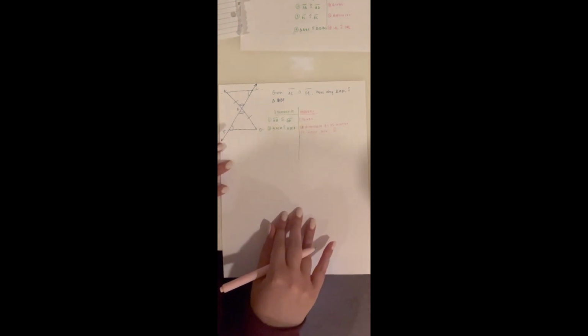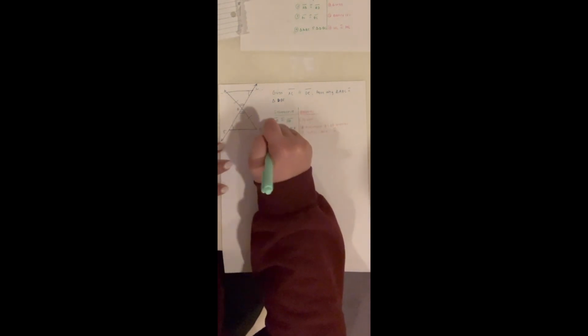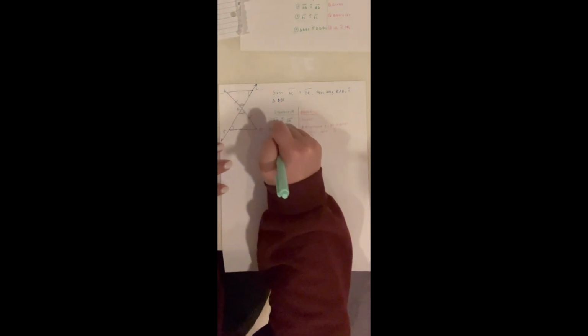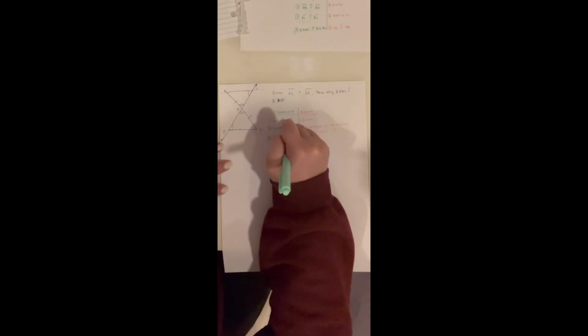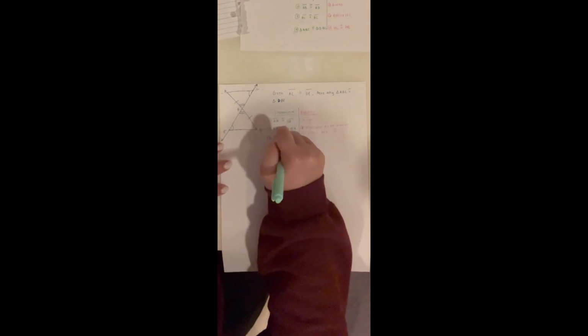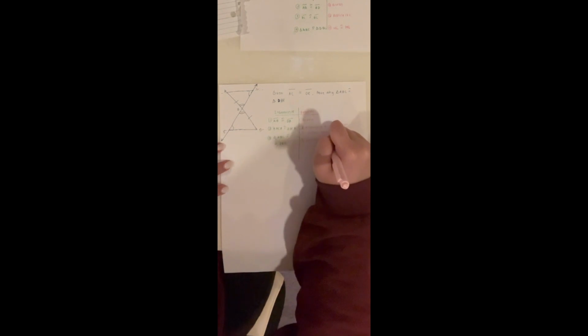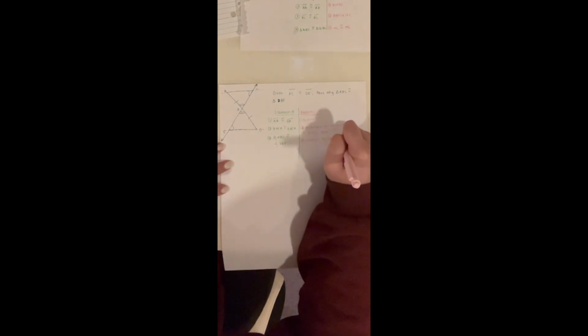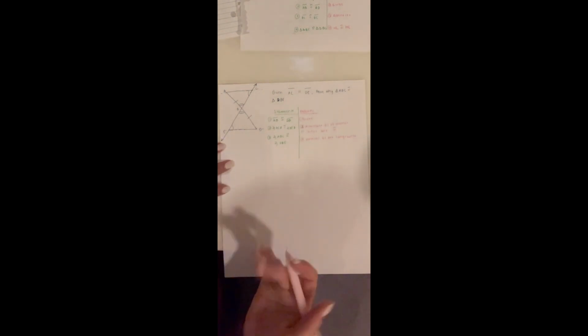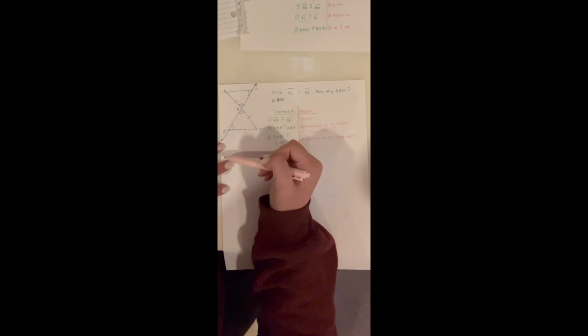And then the third one is that angle ABC is congruent to angle DBE because vertical angles are congruent. So therefore, we have enough information to prove why triangle ABC is congruent to triangle DBE.